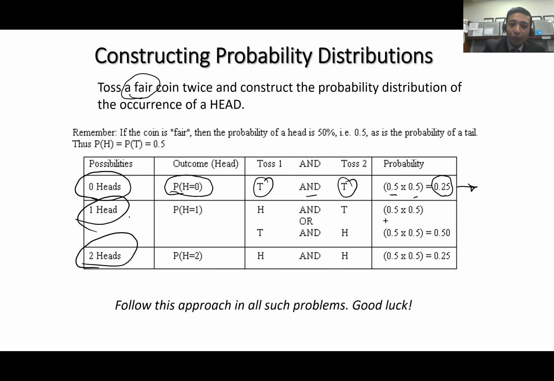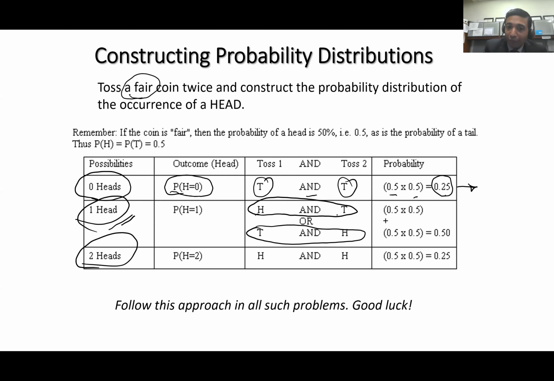What's the probability of 1 head? And this is where the fun begins, because they are both unique outcomes. The first time you toss, it becomes a head. The next time it becomes a tail. That's one event. The first time you toss, it becomes a tail. The second time it becomes a head. That's also another event. These two are distinct events: in the first case, the head happens on the first toss, and in the second case, the head happens on the second toss.